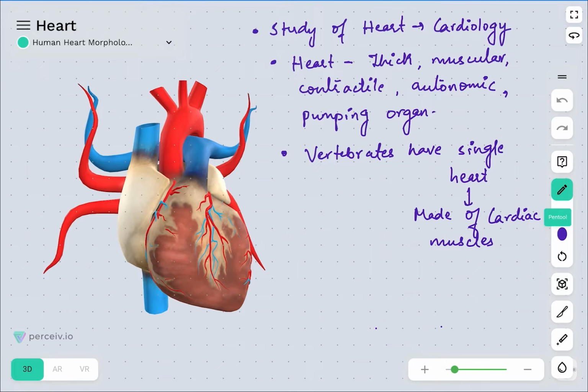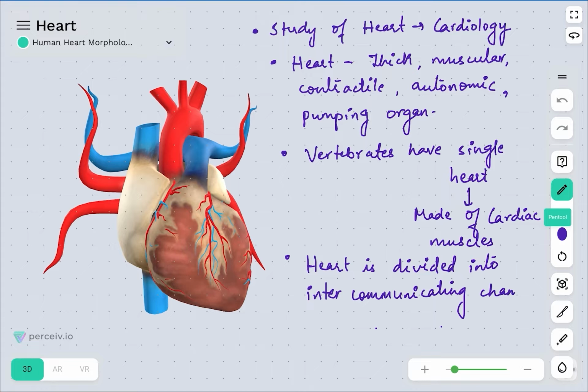This uniqueness of the heart is basically because of the intercommunicating chambers that are present in the heart. That means each of the chambers present in the heart can communicate with the others. So the heart is divided into intercommunicating chambers.